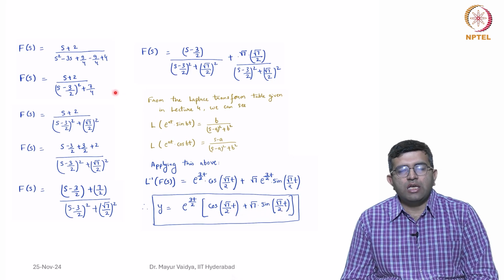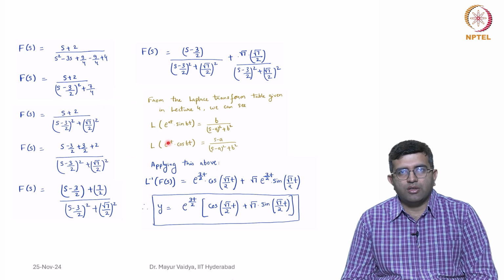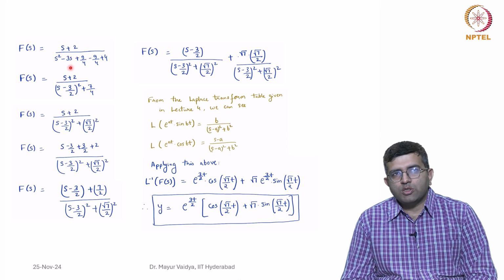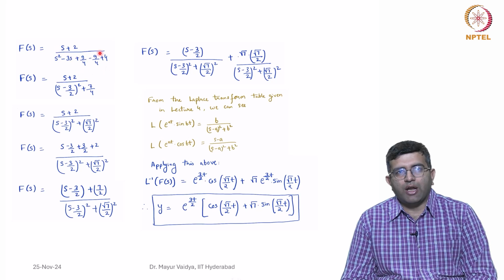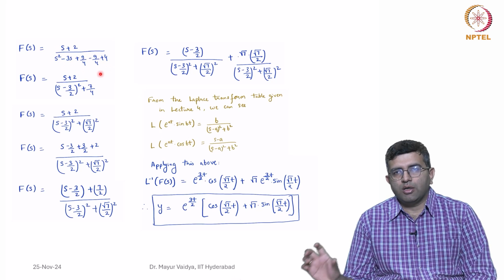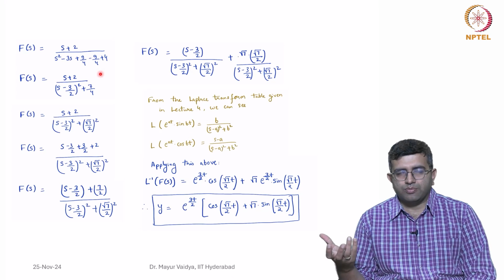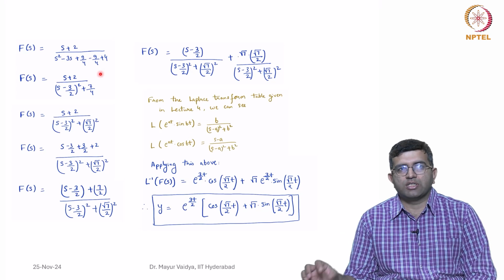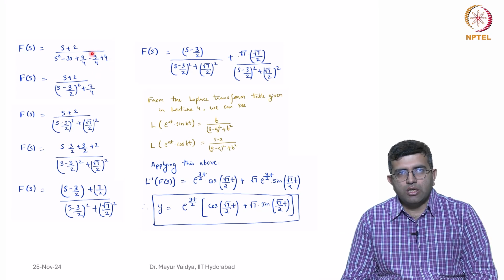So this is the way to solve the differential equation, and this was the additional trick that we used, because we could not convert the fraction as it is into factors where partial fractions can be used. So we used a different trick here.